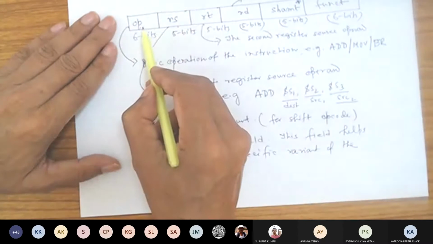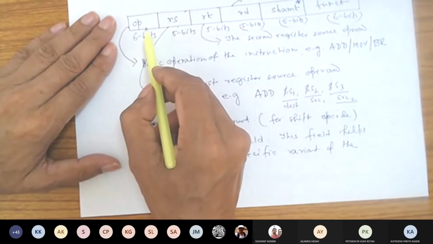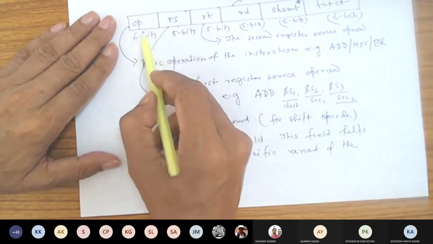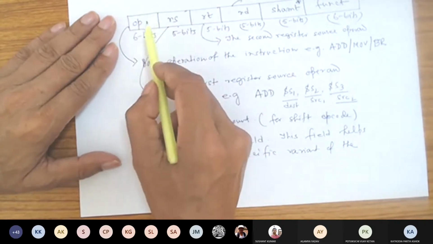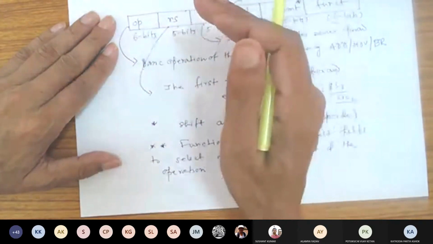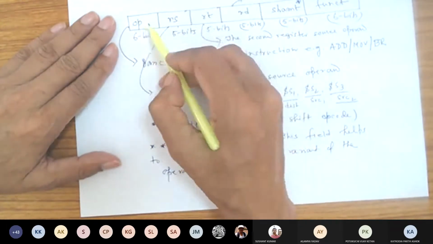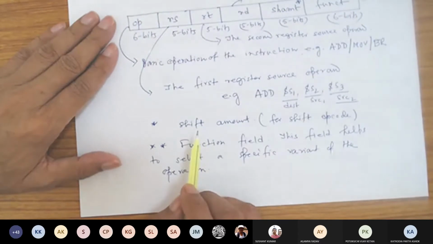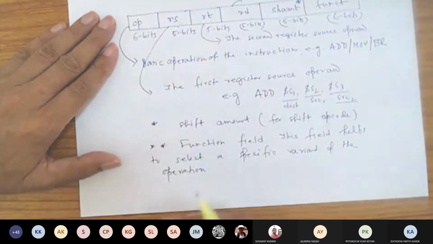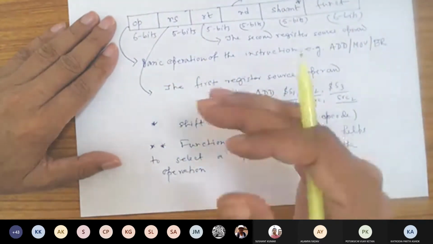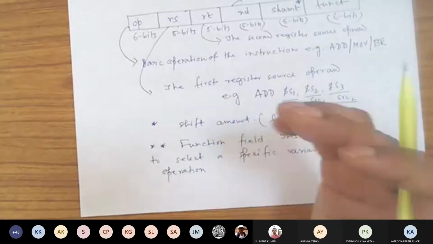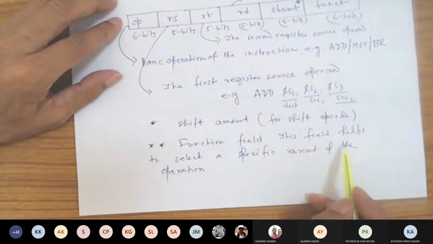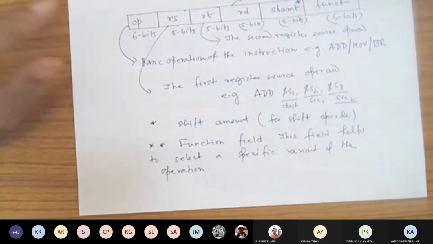Sometimes you need to do unsigned operation, signed operation. Particularly for arithmetic operations, you require various kinds of variations. Those variations are handled using this function field. Even when you are adding, you would like to apply 2's complement addition, 1's complement addition, or subtraction, multiplication. All these things are handled through additional fields given in the function field.